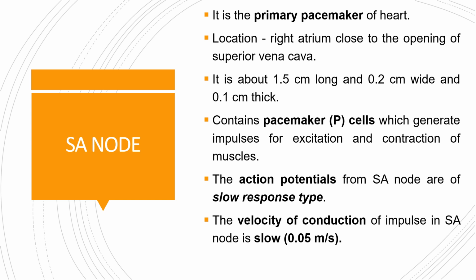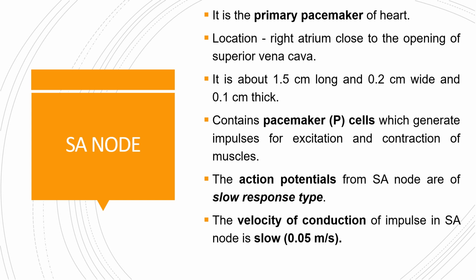It is about 1.5 centimeter long, 0.2 centimeter wide and 0.1 centimeter thick. It consists of the pacemaker cells or P cells which generate impulses for excitation and contraction of muscles. The action potentials from SA node are of slow response time. The velocity of conduction of impulse in SA node is slow, that is, about 0.05 meter per second.